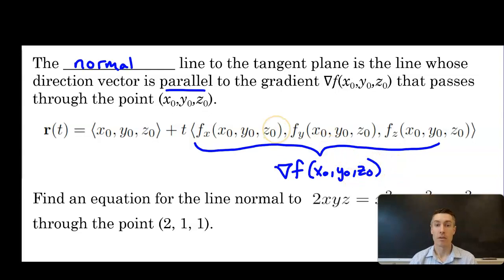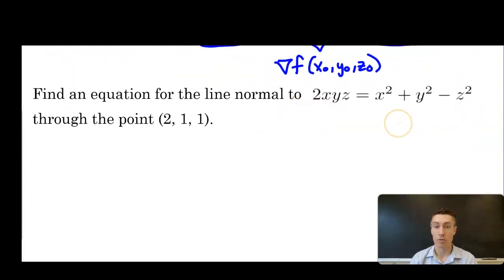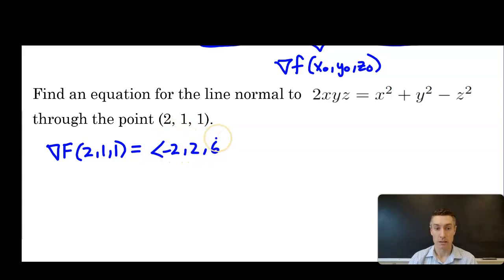So we're using the same set of information, and now we're just writing the equation of a line as opposed to a plane. So find the equation for the normal line to that same surface we were just working with through the point (2, 1, 1). Okay, so we had the gradient vector at (2, 1, 1), and that was (negative 2, 2, 6). We have a point, and now we're writing the equation of the line, so r of t.